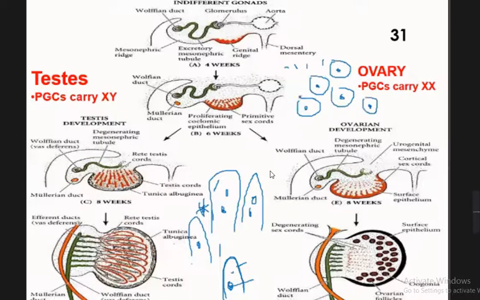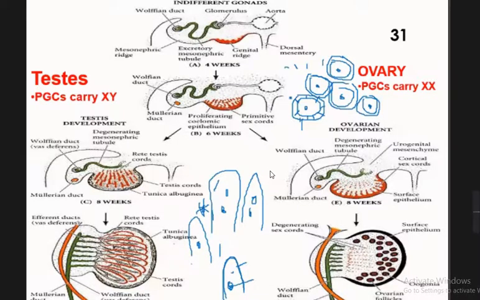And of course, later on, these cell clusters form follicular cells. And this time we shall talk about our ovary having primordial germ cells surrounded by a layer of simple cuboidal cells.